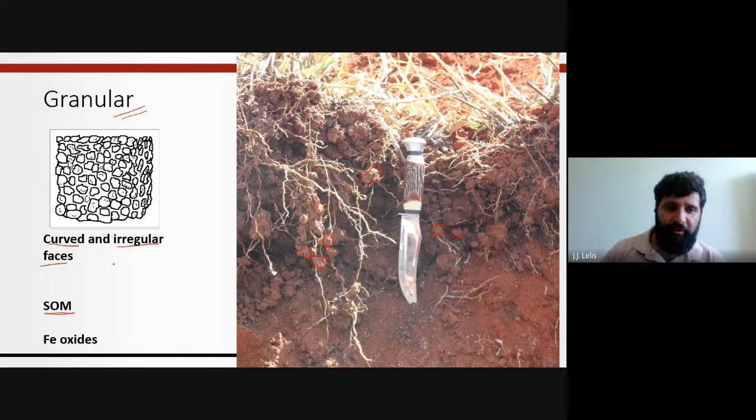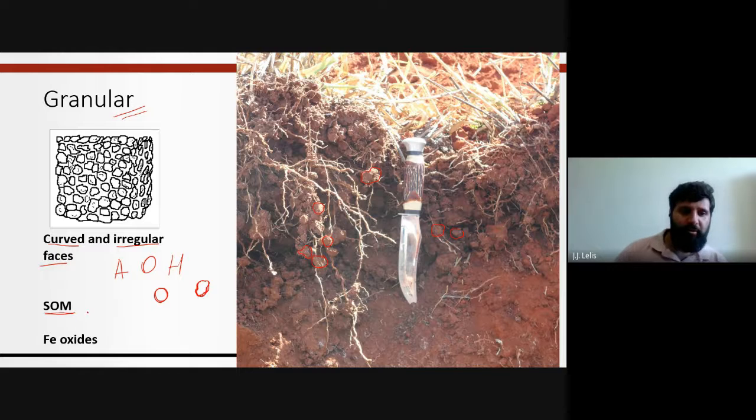If I find some A horizon or O horizon or H horizon, they generally present a granular structure. Peds or aggregates that have a curved shape, and generally irregular faces. Okay, something like that.